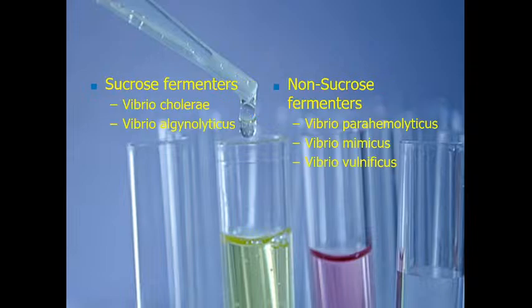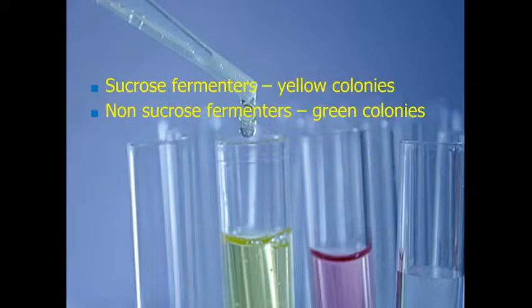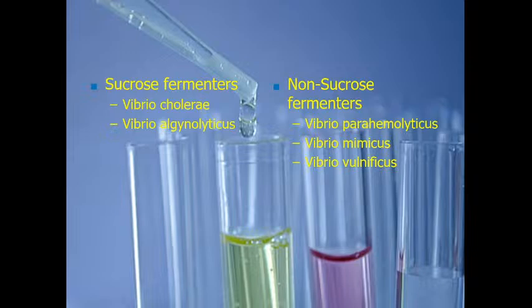The following is basically a summary of your sucrose fermenters. Sucrose fermenters include your Vibrio cholerae and Vibrio alginolyticus, while non-sucrose fermenters include Vibrio parahaemolyticus, Vibrio mimicus, and Vibrio vulnificus.